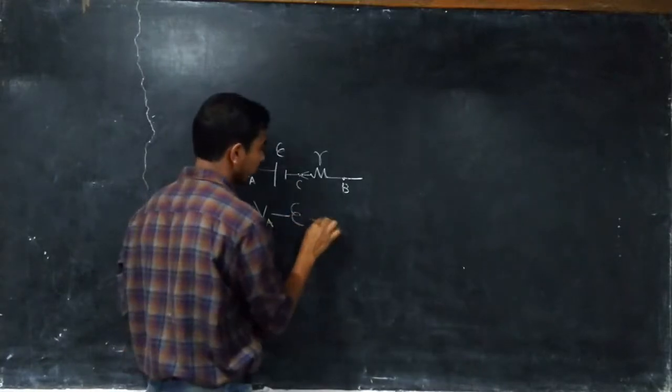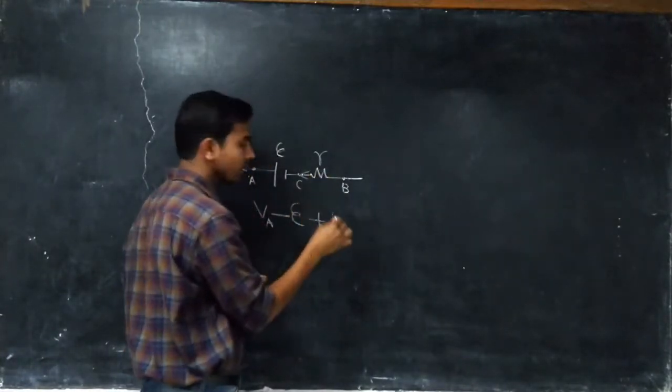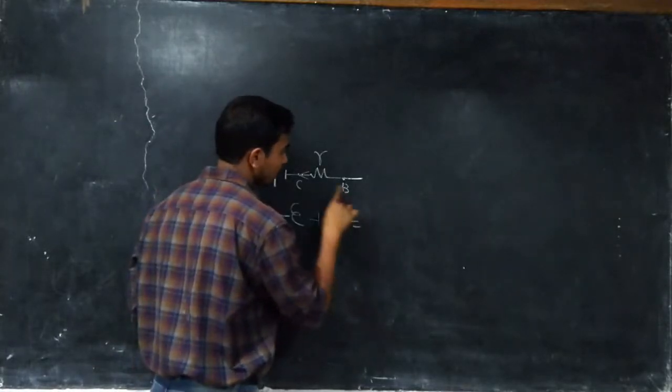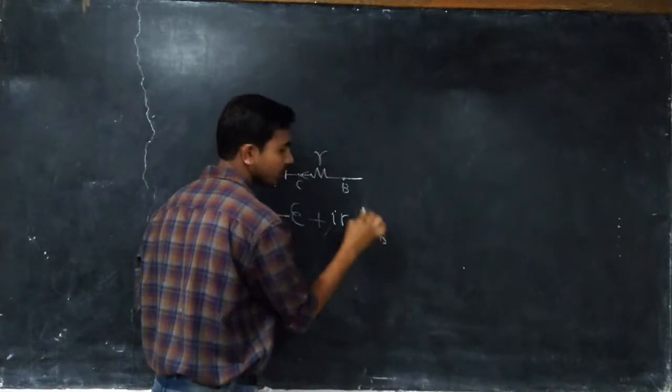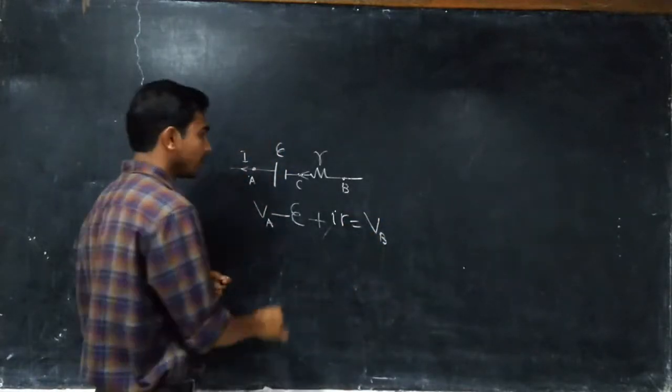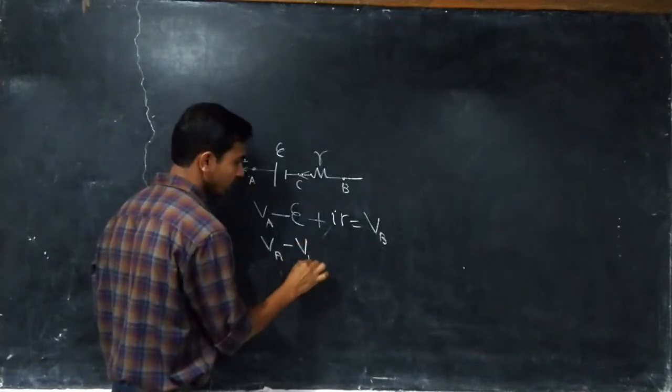So we have to take a plus sign. Now I reached this point, and here the potential is V_B. This way we are able to calculate potential between 2 points.